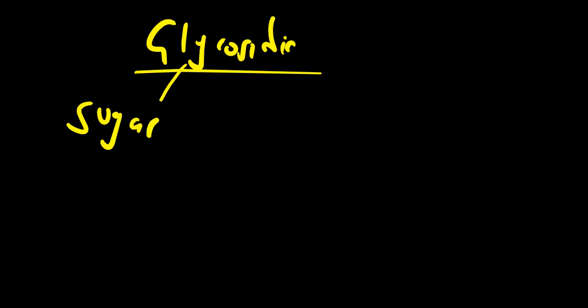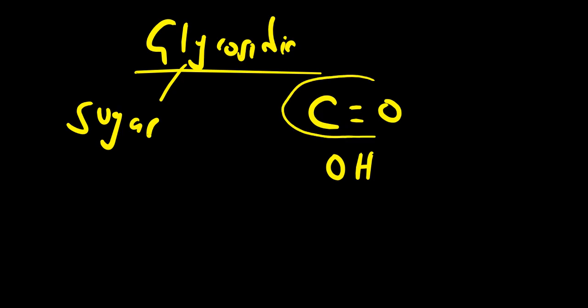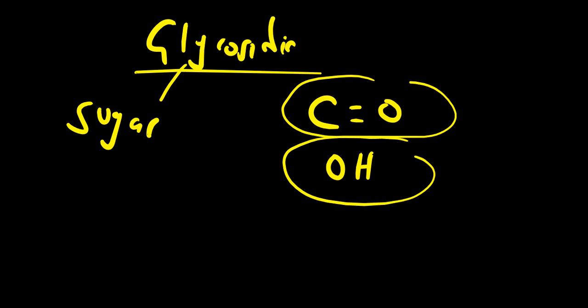So in this case, this bond is formed between a carbonyl group of one monosaccharide and the hydroxyl group of another monosaccharide. So there's a reaction between a carbonyl group of one monosaccharide and a hydroxyl group of another monosaccharide.